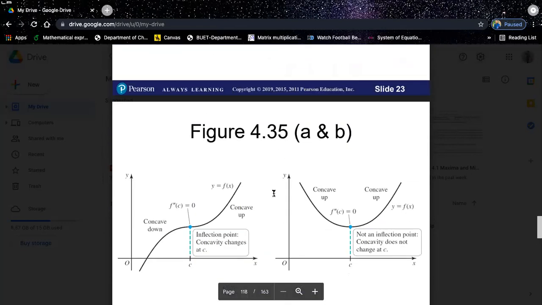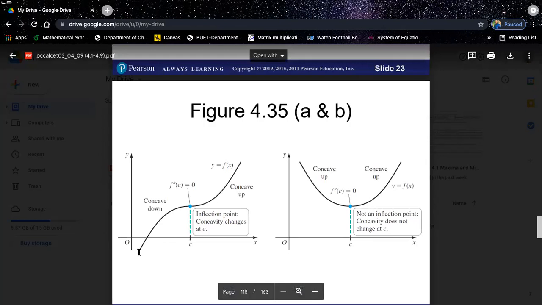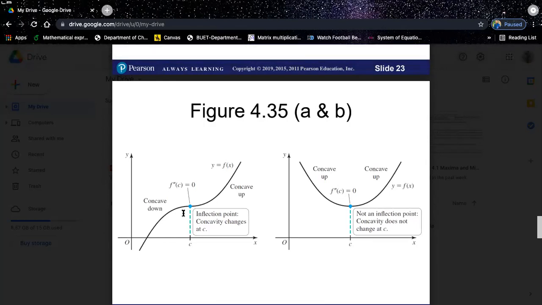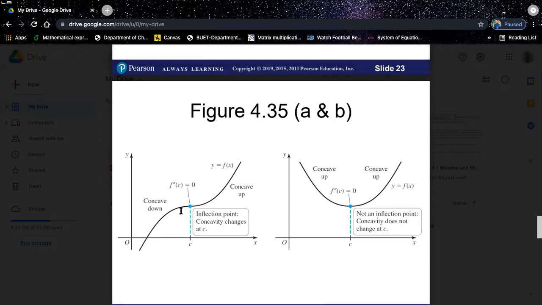Let's see that. Okay, yeah, this one. So you can see this function, whatever it is, the function is not given anyway. This function changes its concavity at C. You might be wondering how. So you can see it was concave down for this part.